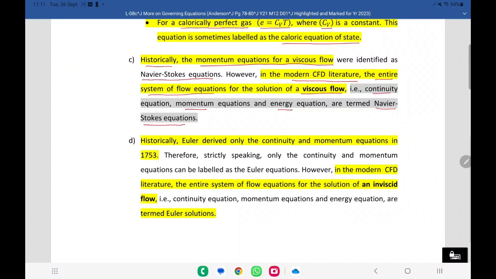And there was a scientist called Euler. He derived only the continuity equation and momentum equation in 1753.